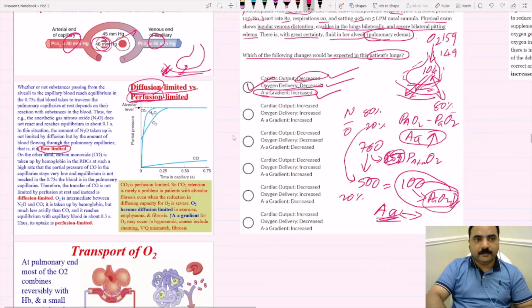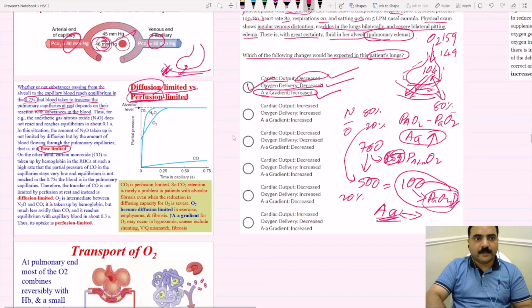Okay, so let's see over here. Whether or not a substance passing from the alveoli to the capillary blood reaches equilibrium in around 0.8 seconds, that is the cardiac cycle duration, that the blood takes to traverse the pulmonary capillaries at rest, depends on the reaction with the substances in the blood.